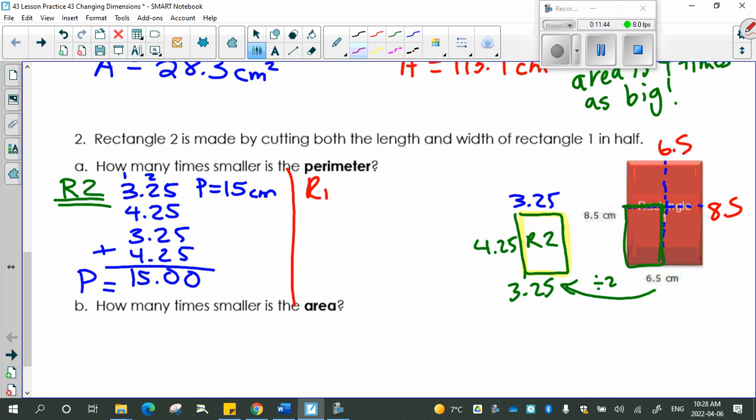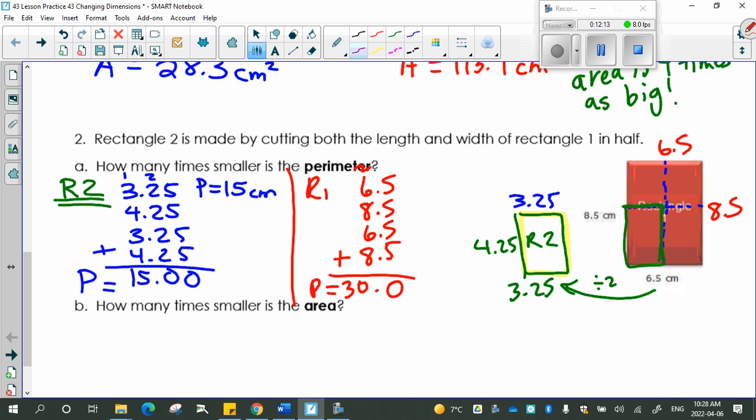So we've got 6.5, 8.5, 6.5, 8.5, add them all up. 30.0 perimeter.